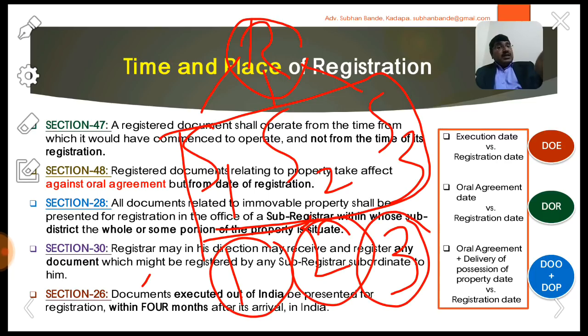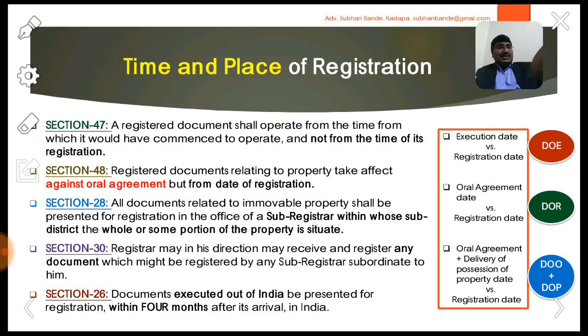Here, the registrar has the discretion to accept any document. He can receive and register any document related to the property which is situated under the sub-district of sub-registrar 1. He may receive and register the documents related to the property situated in the sub-registrar's jurisdiction. This is the rule. He has the discretion according to section 30.